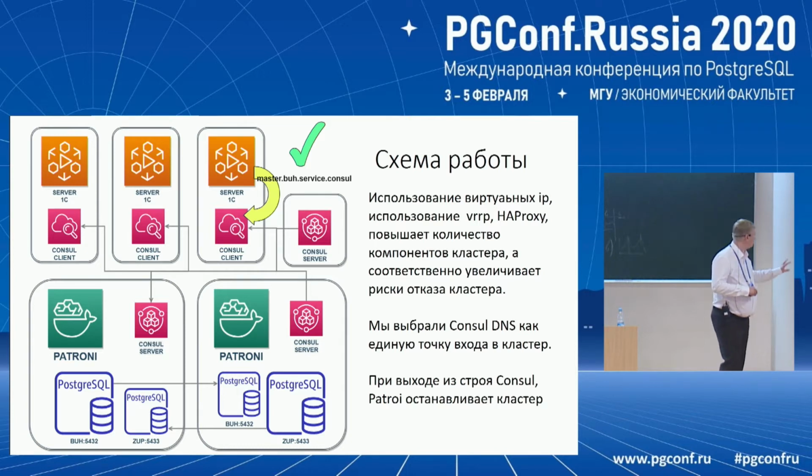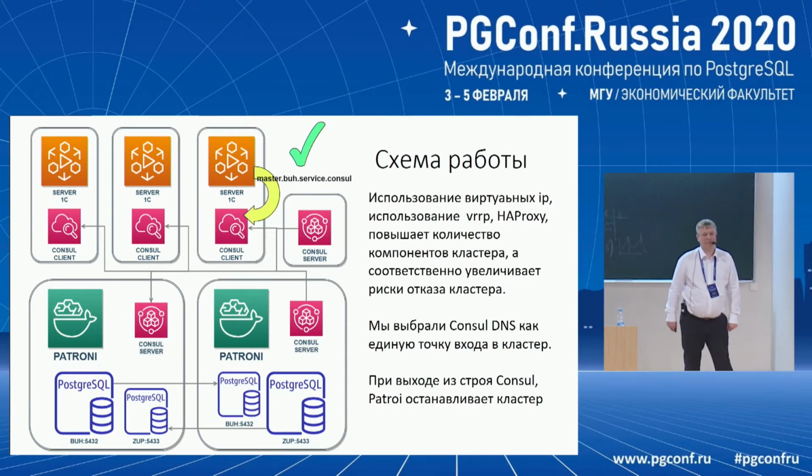So these are the accounting and the payroll services. Here we have the master of the accounting server, and here we have the replica of the accounting server. Same for the payroll server: master server and replica server. This is how we distribute the load among those servers.